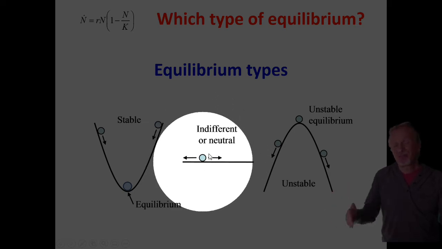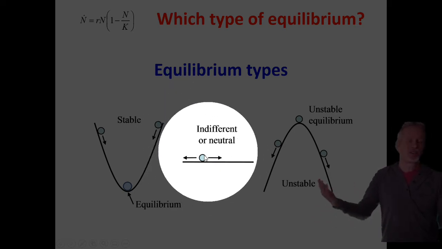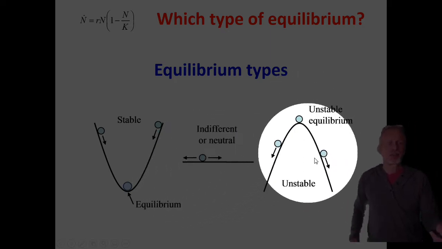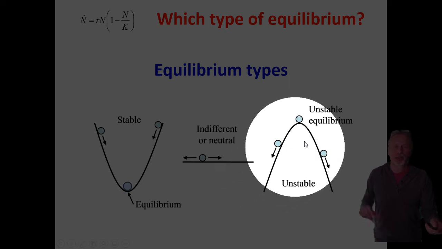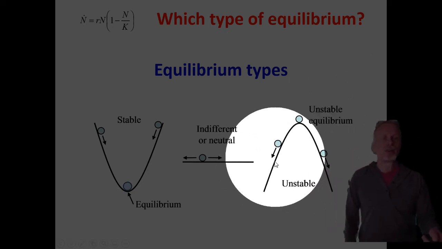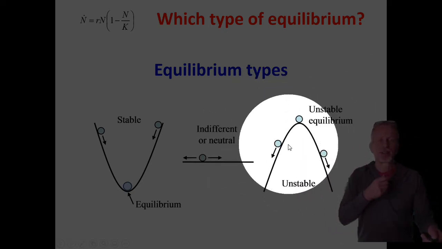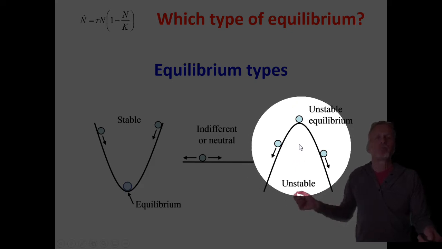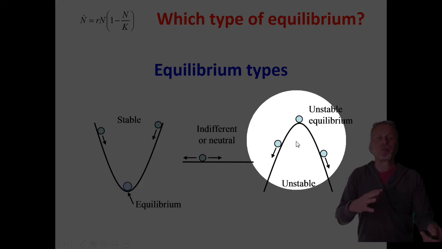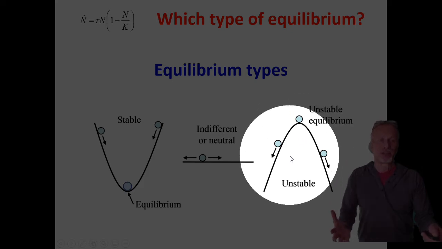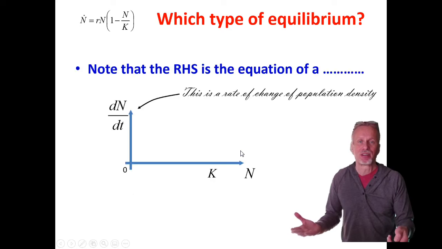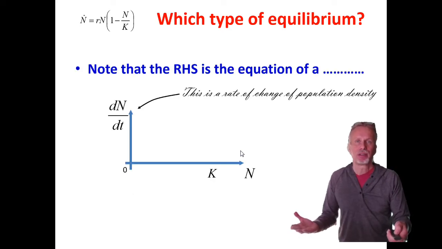There's going to be some friction, so it eventually stops somewhere else. It's not going to go back. And then an unstable equilibrium point is like being at the very top of a hill or a mountain, and so a little perturbation is going to bring our system away from its original state. So this is just a simple classification of the equilibrium points.